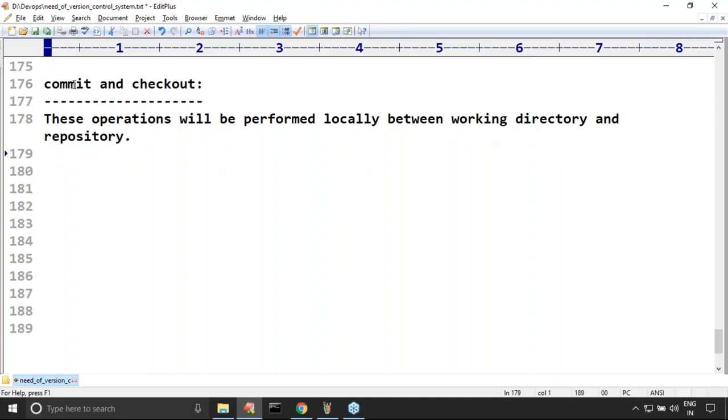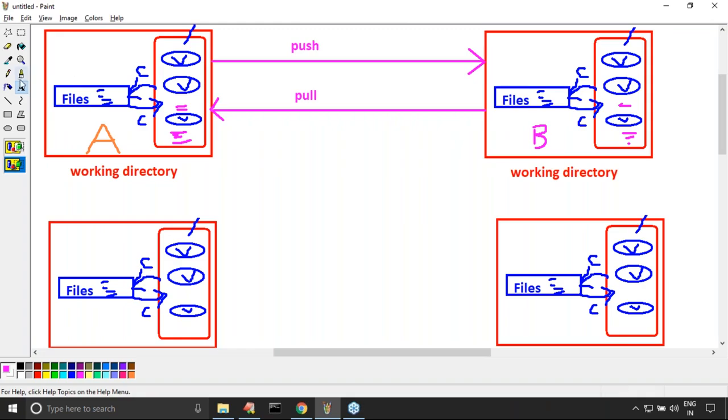Is it correct or not, sir? Where will these operations be performed? Commit and checkout operations will be performed locally between the working directory and the repository.